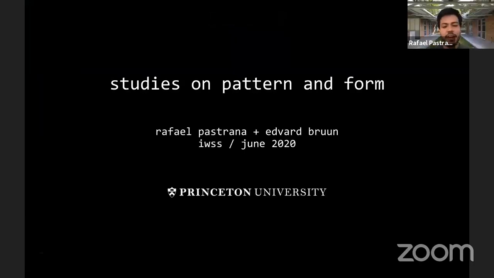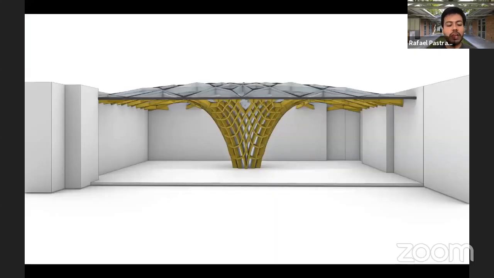So today we are Rafael and Edward, two PhD students from Princeton in the United States. And today I wanted to present to you our workflow for a design project of a roof. Basically what we want to showcase is the underlying computational design process.